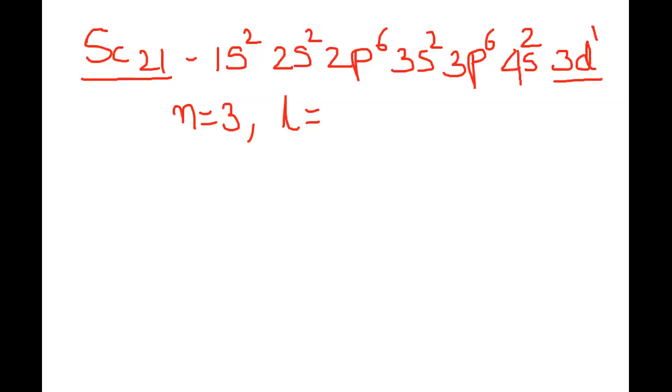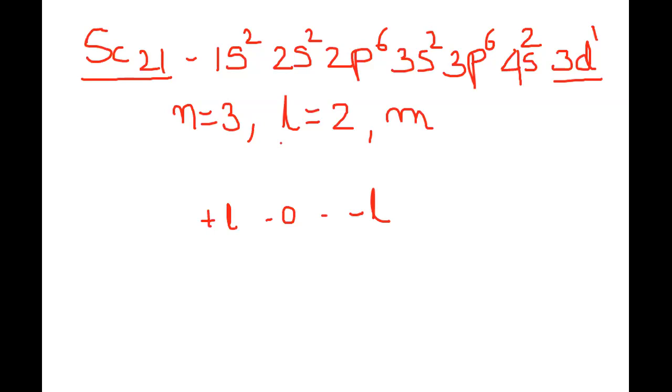Clear? Then what will be the value of m? The value of m depends on the value of l. The permissible values for the magnetic quantum number depend upon the value of l. They are given as plus l to 0 to minus l.